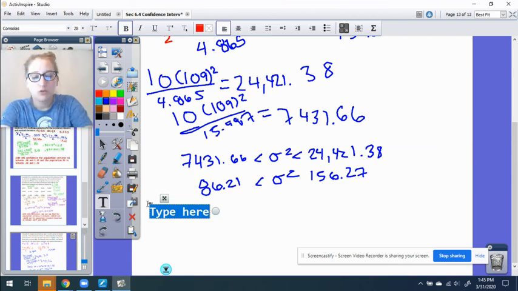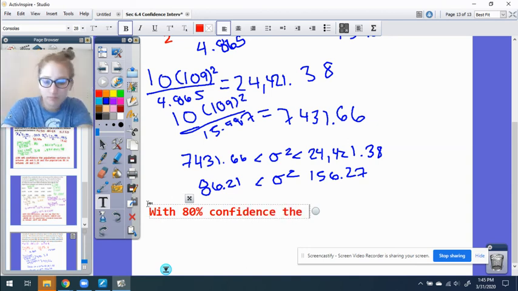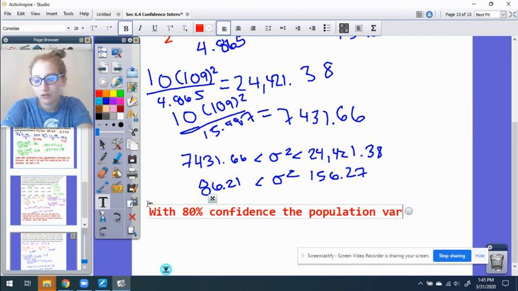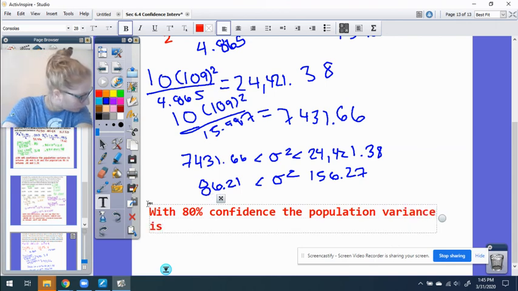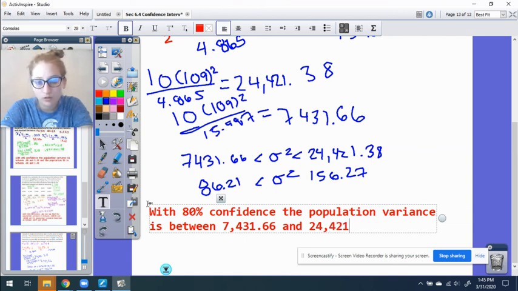Okay. With 80% confidence, the population variance is between 7,431.66 and I should use dollar signs. 24,400.38. Put those dollar signs in there.